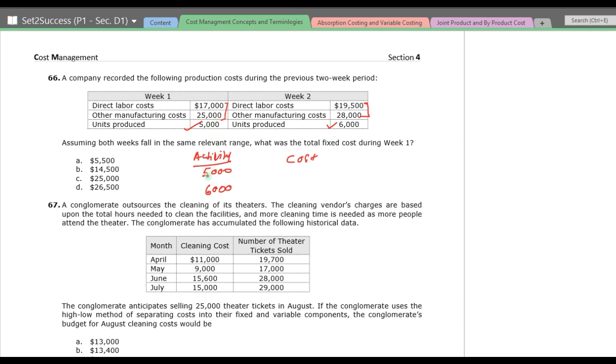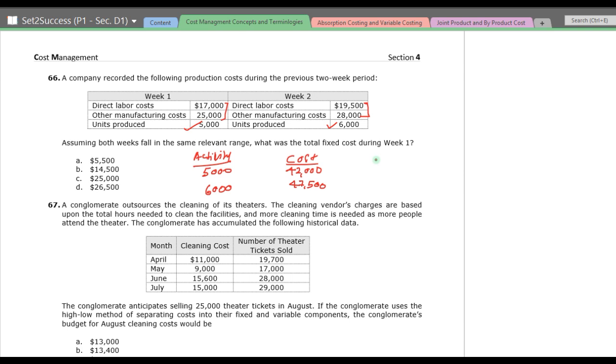So for 5,000 units we have a cost of 17,000 plus 25,000, that is 42,000. And for week 2 we have a cost of 19,500 plus 28,000, which comes to 47,500.